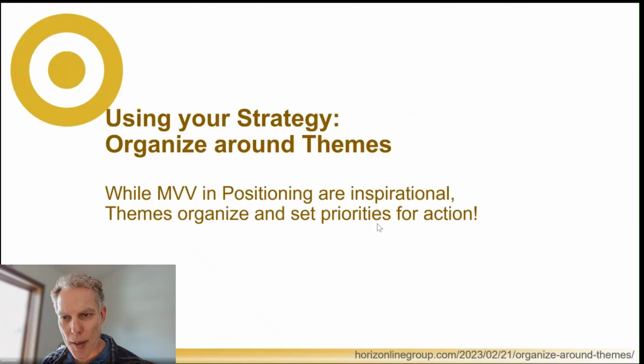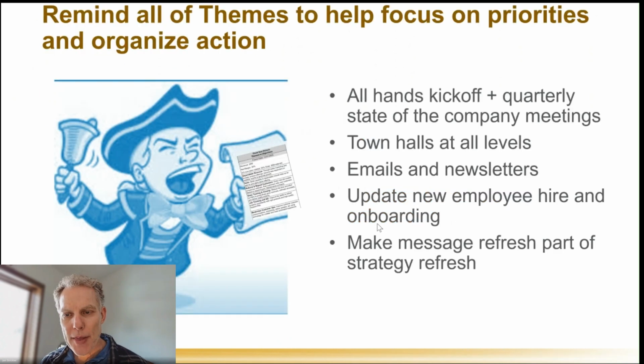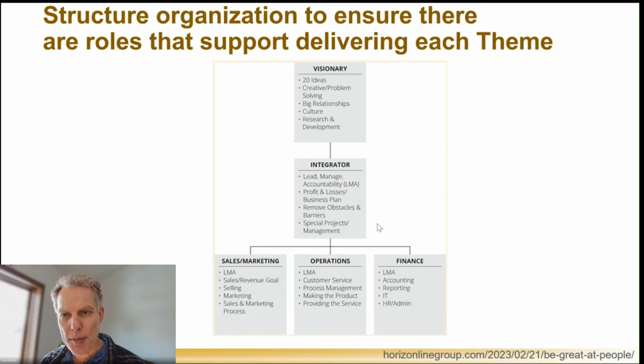So once we have them, how do we put themes into practice? First, communicate them widely to remind everyone about your themes, to help them focus on priorities and to set direction. Use them to structure the organization to ensure there are roles that support delivering each theme.